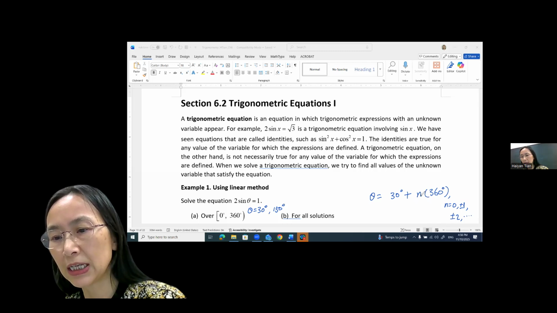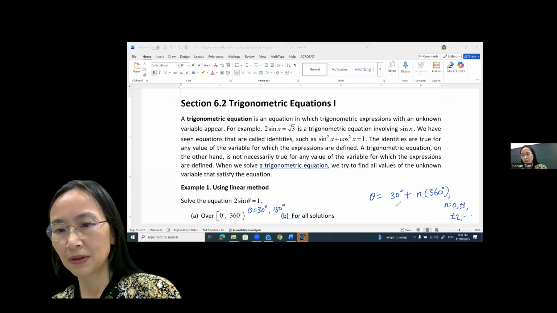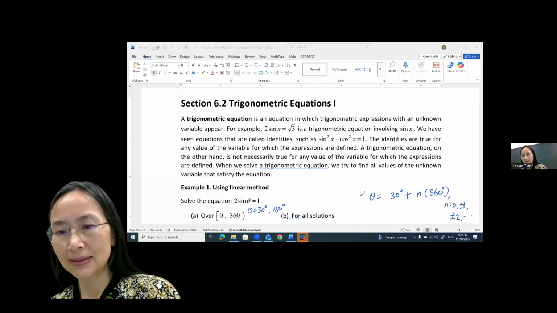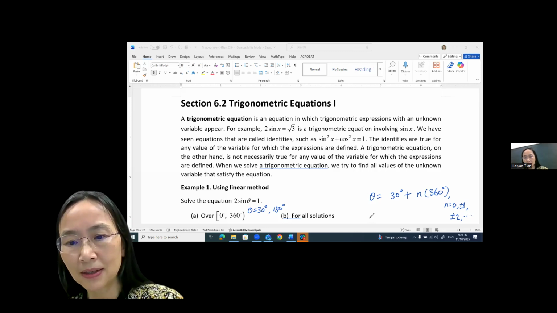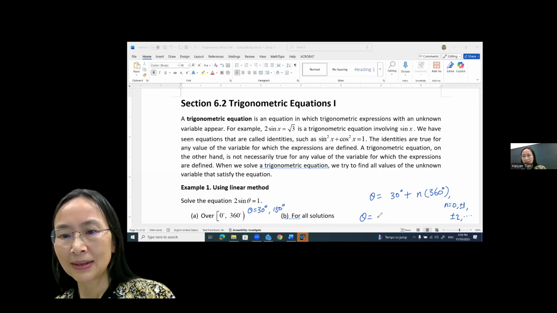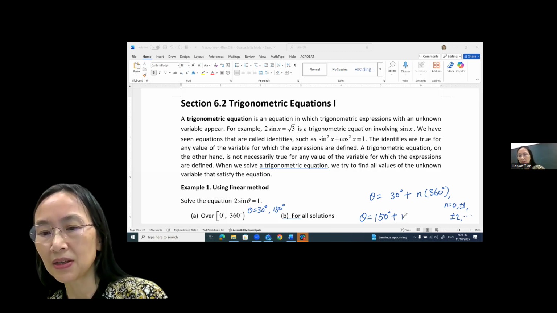Any integer value of n applied to this gives us all the angles. This is a representation for any angle that has the same terminal side as 30 degrees. And then we can list all the angles that share the same terminal side as 150 degrees, so we put 150 plus an integer multiple of 360 degrees.